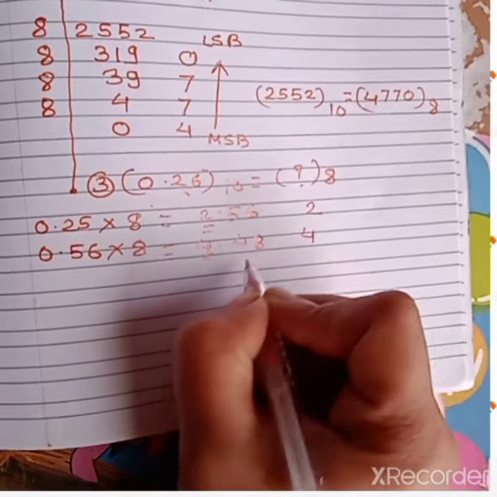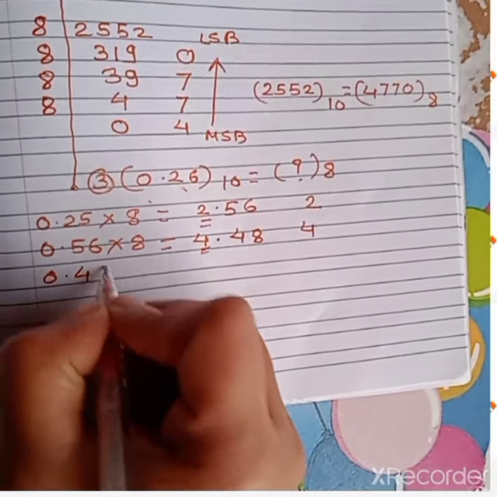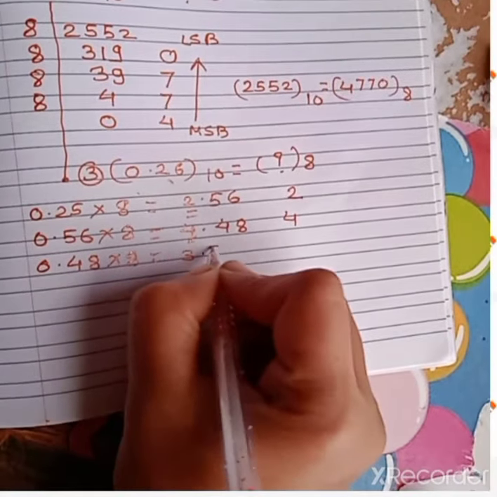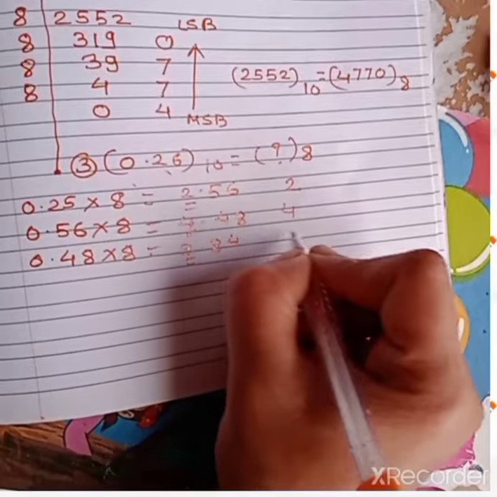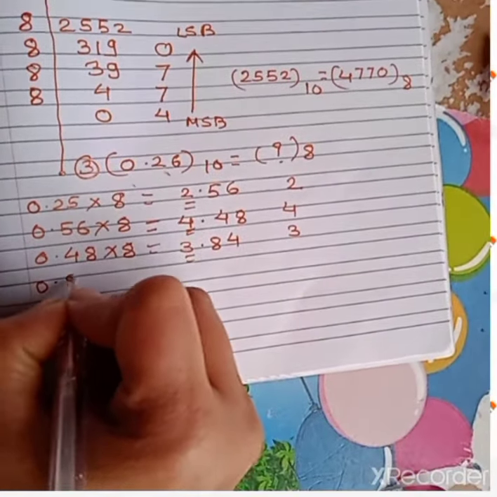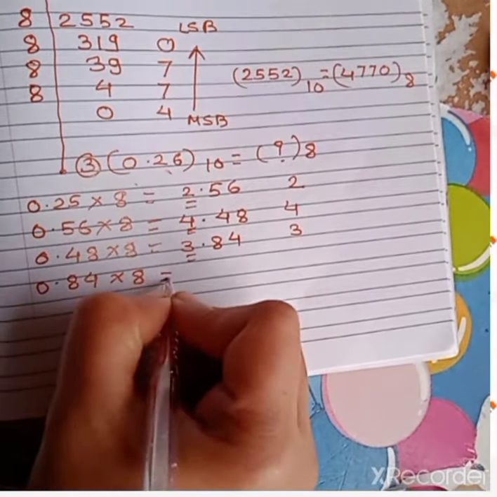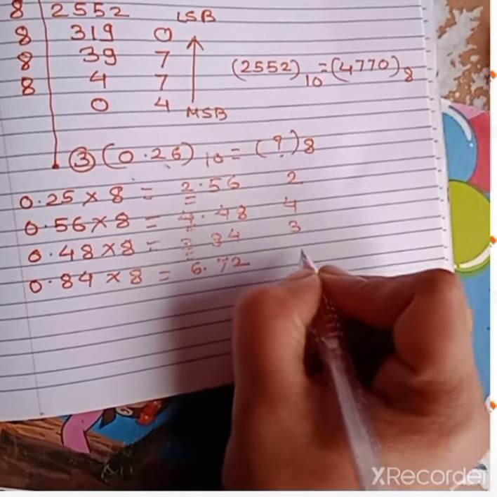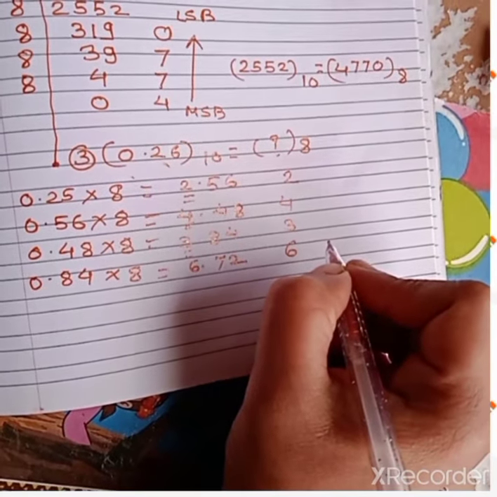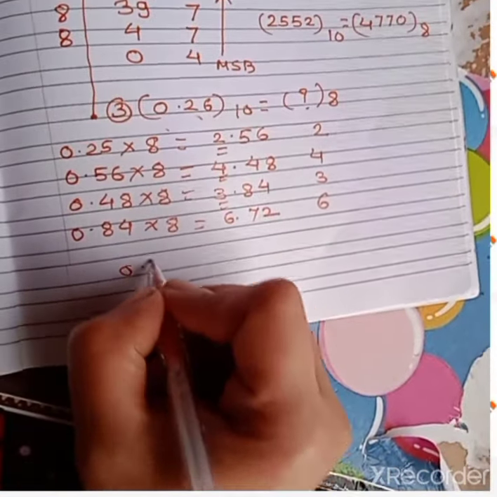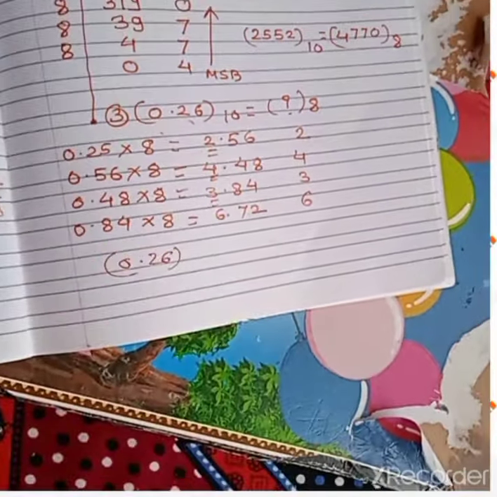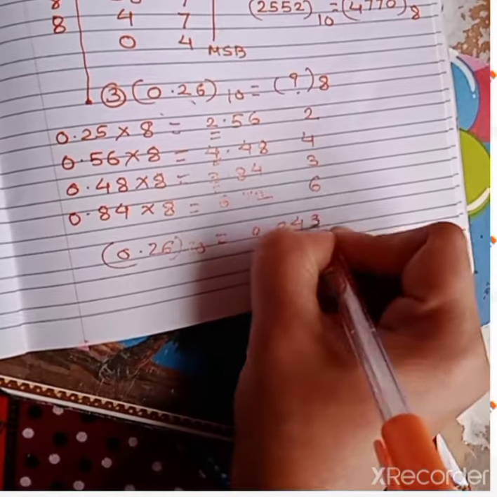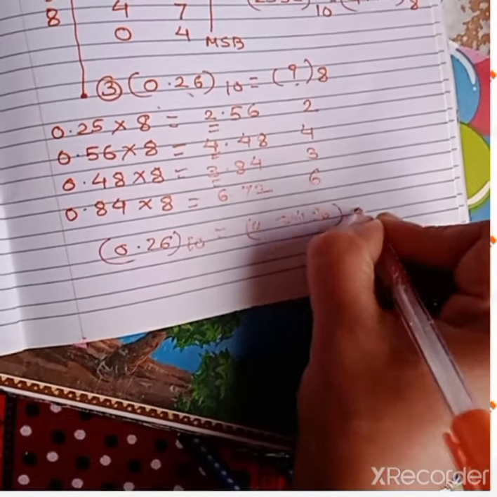Pick 4. Take 0.48. Again multiply with 8. Answer is 3.84. Pick this 3 right here. Take 0.84 multiplied with 8. 6.72. Pick 6. So your answer is 0.26 to the base 10. Answer is 0.2436 to the base 8.